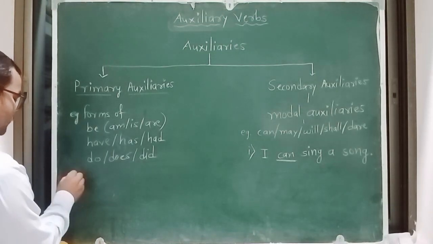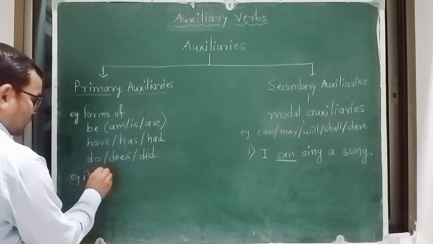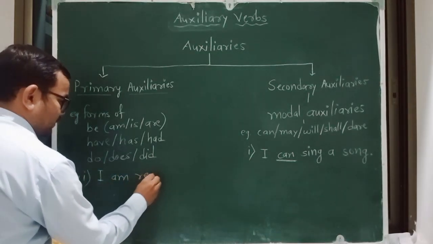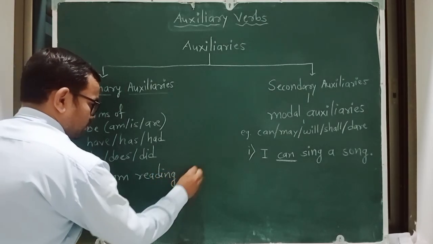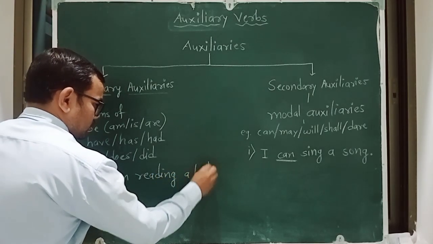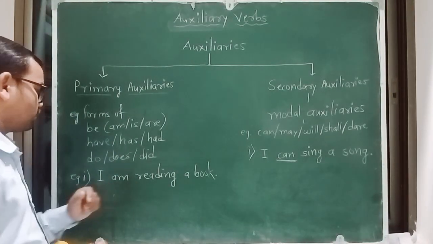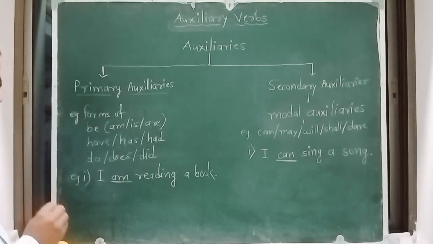For example, if you see in this sentence, I am reading a book. So over here, I am reading a book. Am is a helping verb. This one is an auxiliary verb.